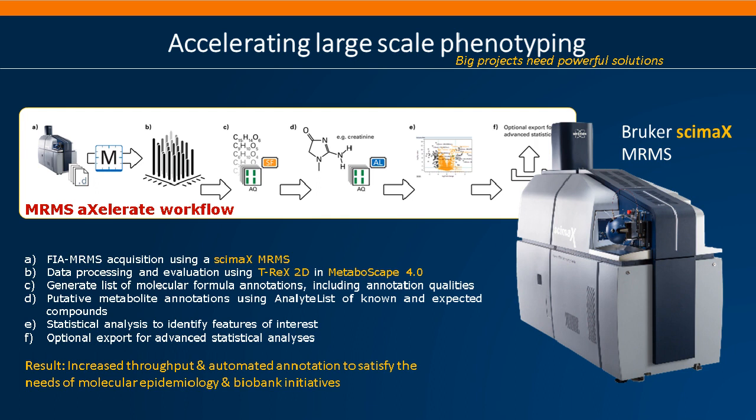The long and short of it is that it's actually quite impressive in terms of its throughput, as well as its ability to automatically annotate chemical formula and match spectra obtained using the fine isotopic structure to databases.